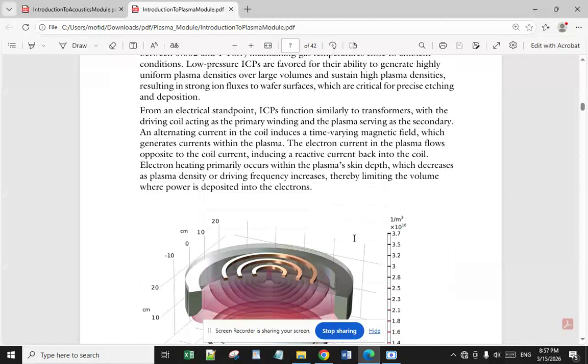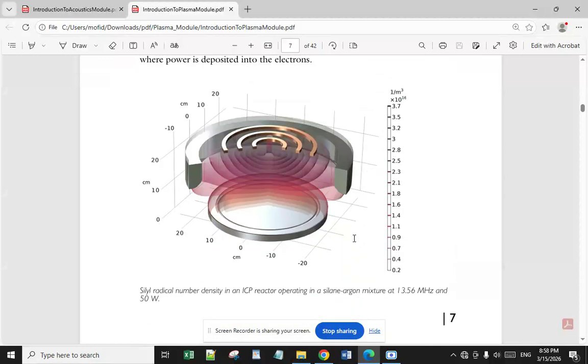The electron current in the plasma flows opposite to the coil current, inducing a reactive current back into the coil. Electron heating primarily occurs within the plasma's skin depth, which decreases as plasma density or driving frequency increases, thereby limiting the volume where power is deposited into the electrons.